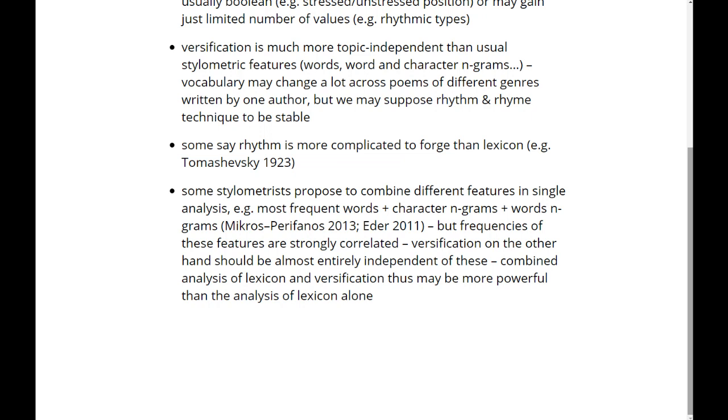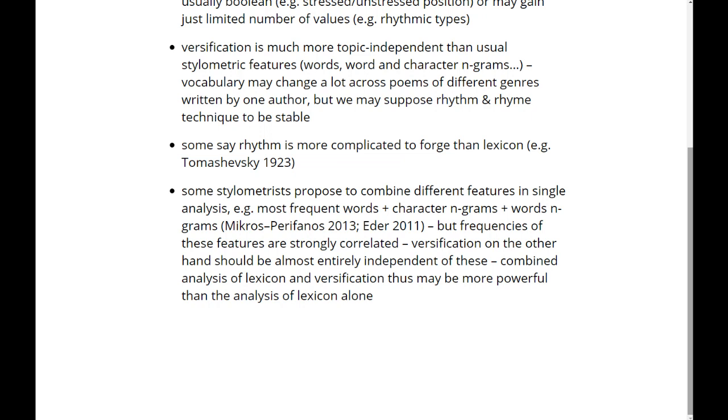Frequencies of these features are strongly correlated. Basically, because words are formed by n-grams, their frequency will inevitably be strongly correlated. But on the other hand, versification brings something completely different, something where we have no reason to expect that these things will be correlated somehow.